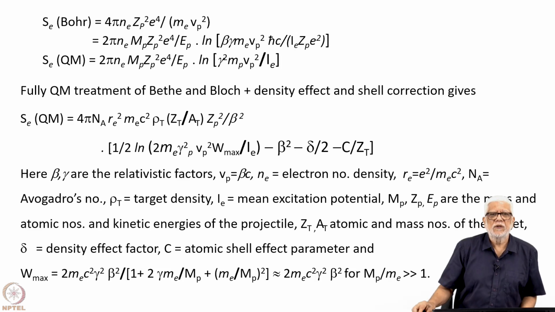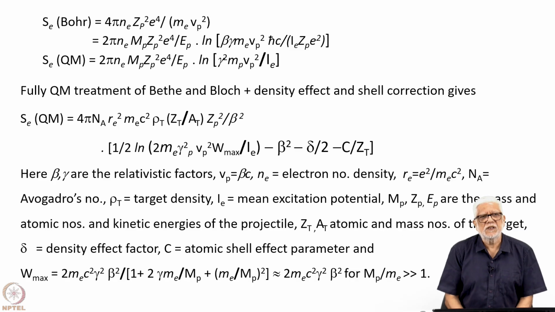Okay, so there is a very beautiful semi-classical derivation due to Niels Bohr, and there is no time to go through this derivation, but I will give the reference, and it gives a very physical picture of how the heavy charged particle loses its energy by transferring part of its energy to the electron.